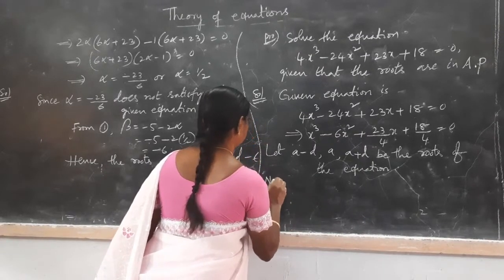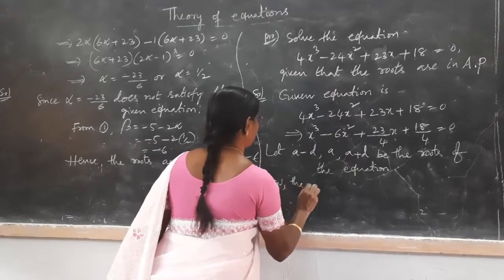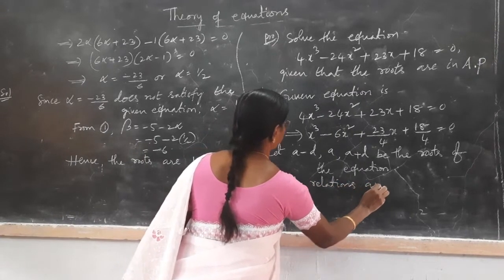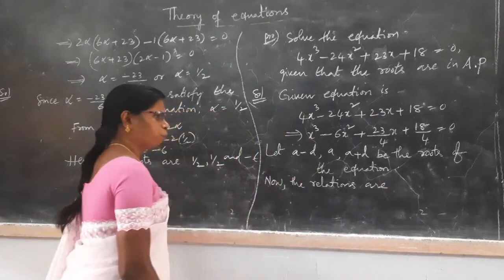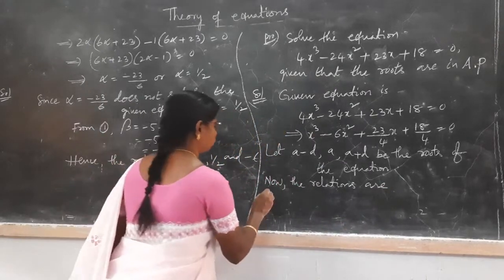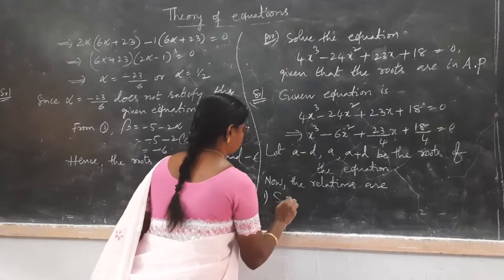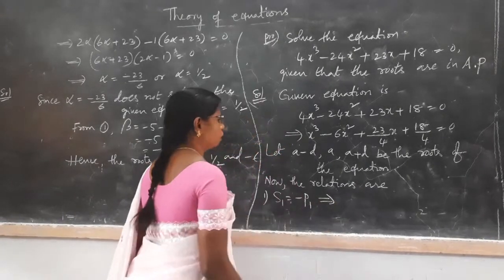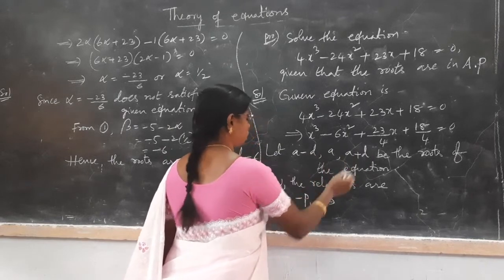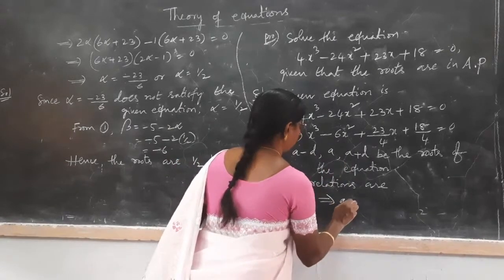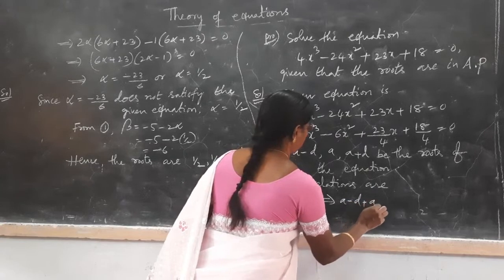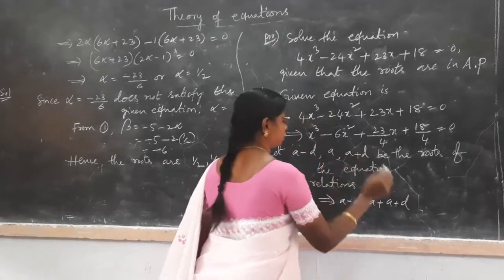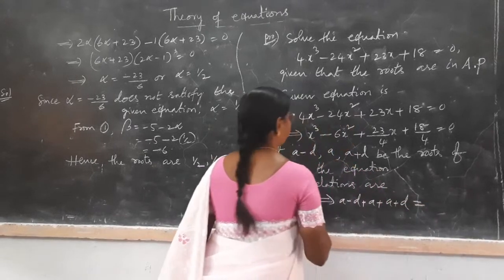Now, the relations are, so what are the relations? The first relation: s1 is equal to minus p1. This implies the sum of roots, a minus d plus a plus a plus d, alpha plus beta plus gamma, is equal to minus p1.